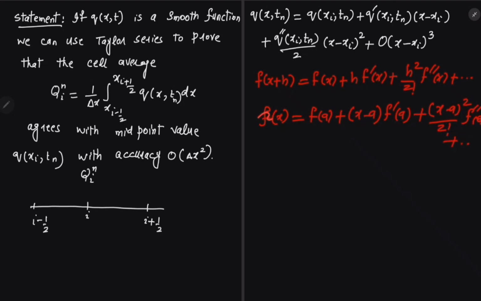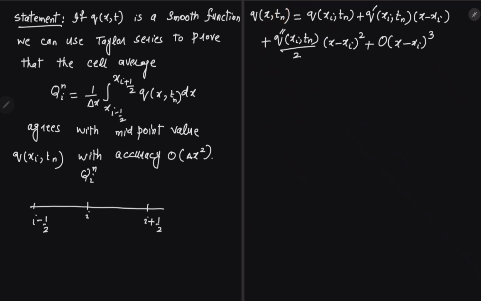We used this formula over here. You must be wondering, there is only one variable, but here we have two variables. But remember that this t_n is already a constant. So this q is a function of x only. That's why we have only Taylor series for one variable. Otherwise, we have another formula for two variables, but we don't have two variables. We have only one variable t_n over here.